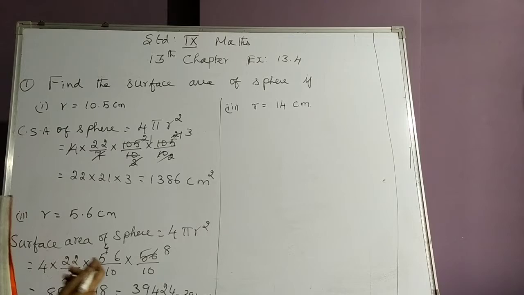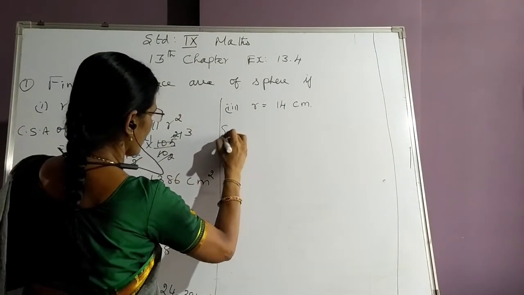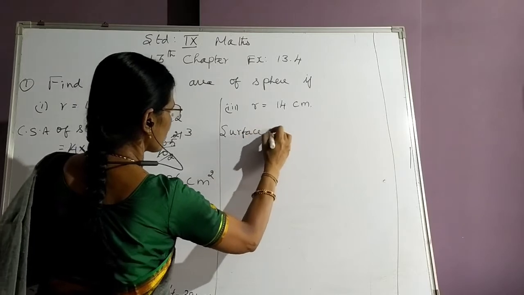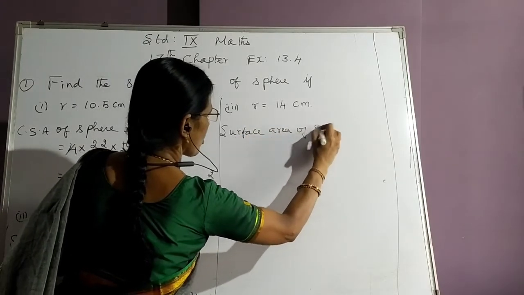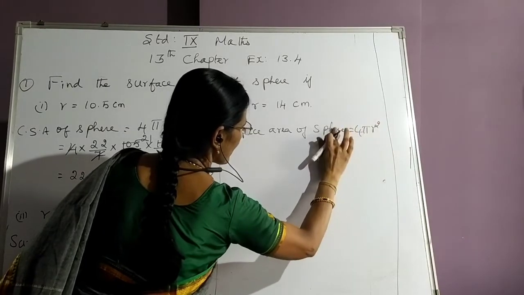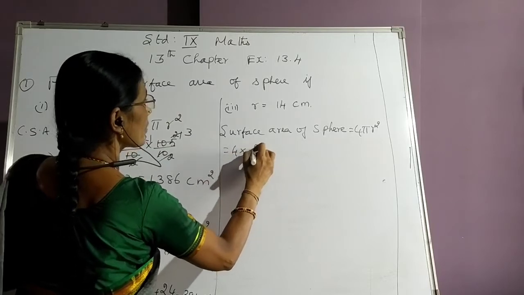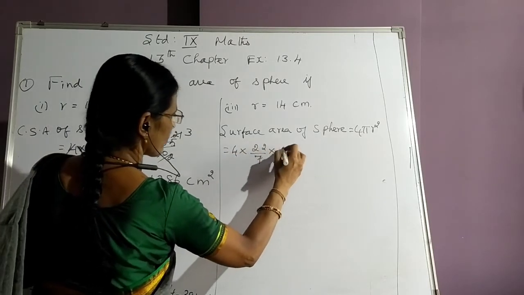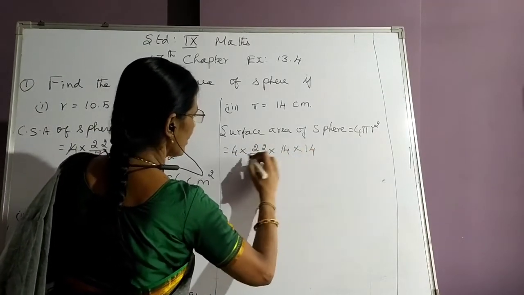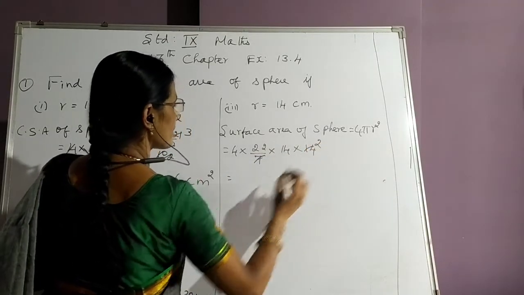The third case is r is given 14 centimeter, whereas the question is same. Therefore we write surface area of sphere is 4 pi r square. Substituting pi 22 upon 7 and r 14, we get this statement. So 7 and here it is 2.